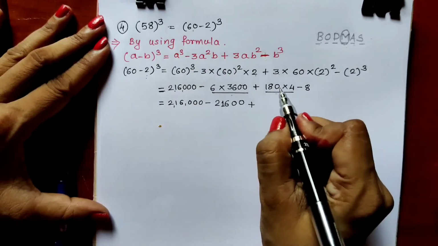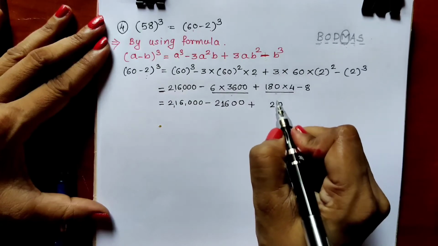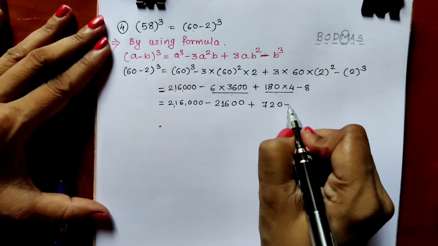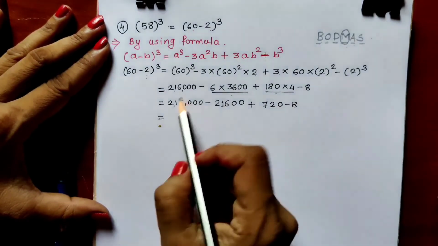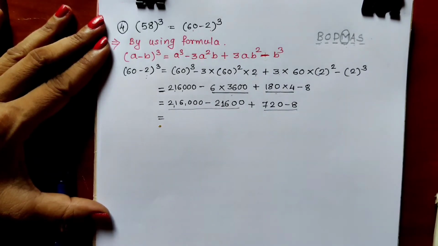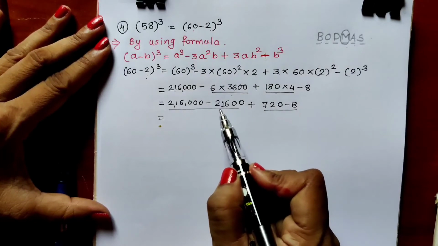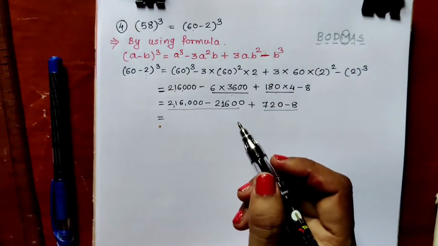Plus 180 into 4: 4 zeros are 0, 4 8s are 32, 2 written, 3 carrying, 4 ones are 4, plus 3 is 7, so 720, minus 8. Now we will do these 2 subtractions and then we will add. So 2,16,000 minus 21,600. Let us do this subtraction.